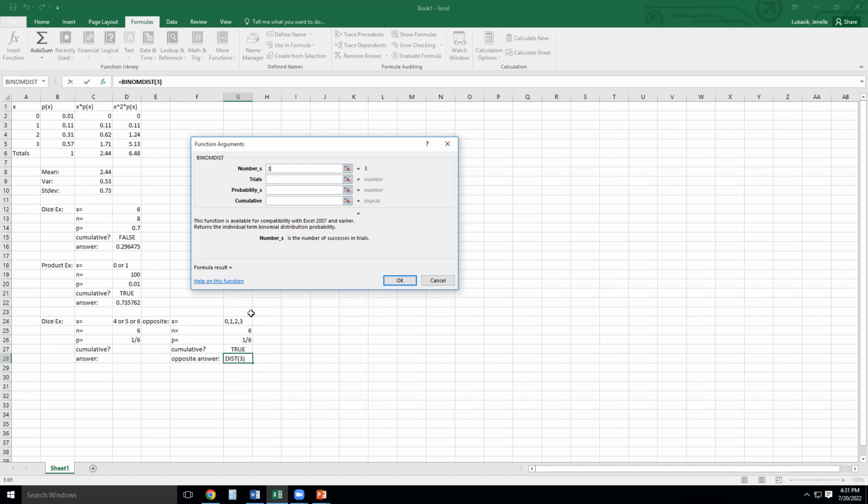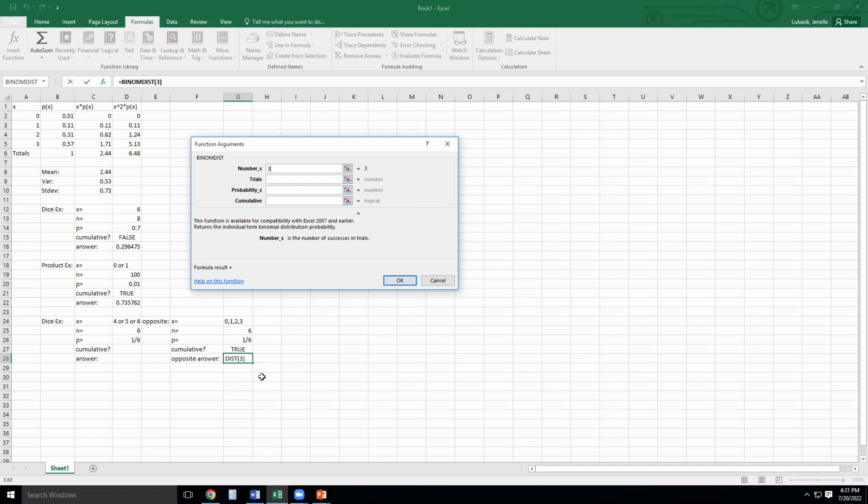We are going to be getting the opposite answer, and opposites in probability add up to 1. You can always find the opposite of what you want and then subtract it from 1 to get the answer you do want. Sometimes it's easier to do probabilities that way when it's easier to get the opposite answer, which it is in this case. So by subtracting, it's kind of like eliminating those x's.